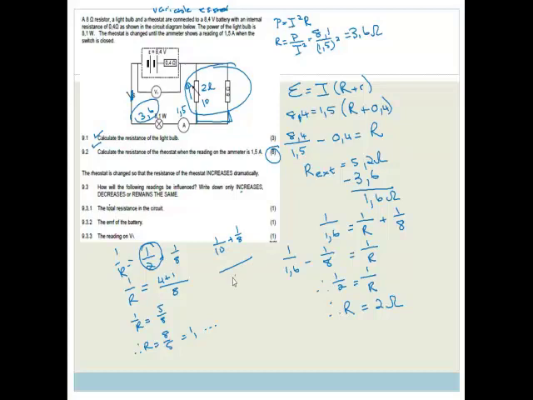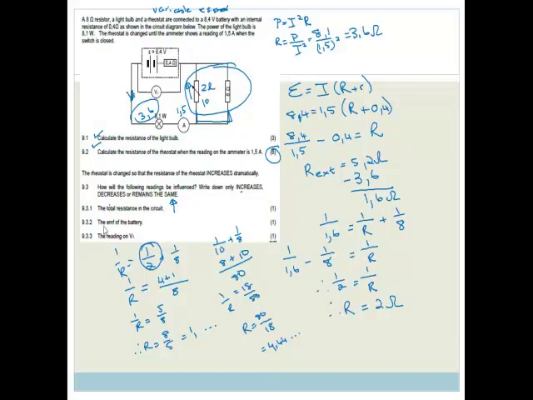The common denominator is 80, so 8 plus 10 is 18 over 80, which is 1 over R. Therefore R is 80 divided by 18, which is 4.44. So do you see that by increasing this resistance, we're increasing the total resistance in the circuit? So the total resistance in the circuit is going to increase.